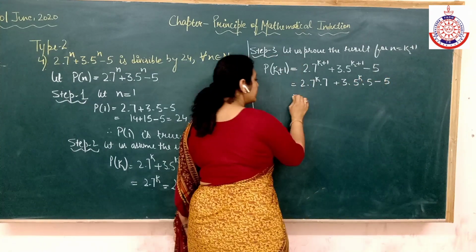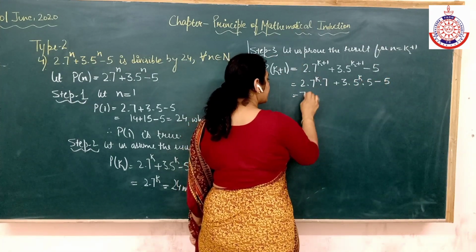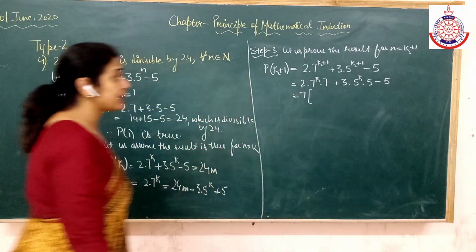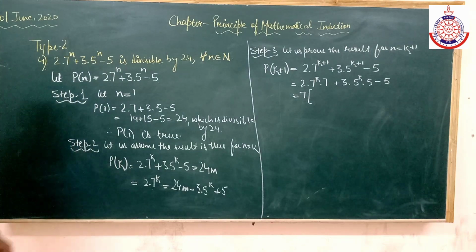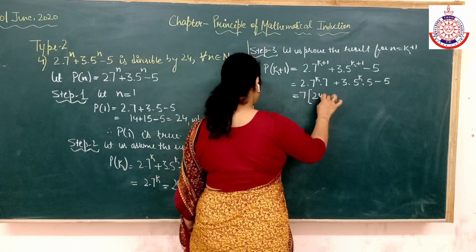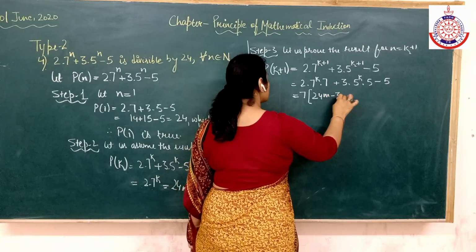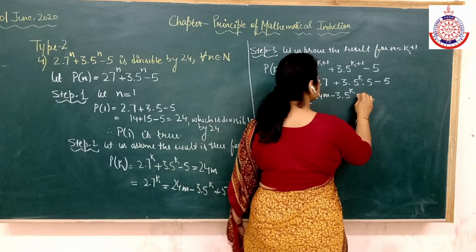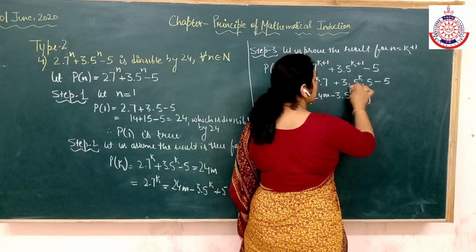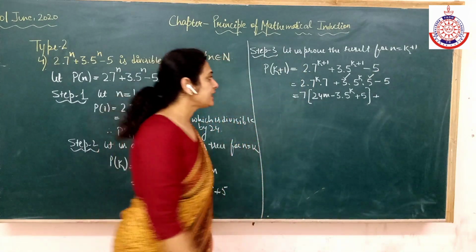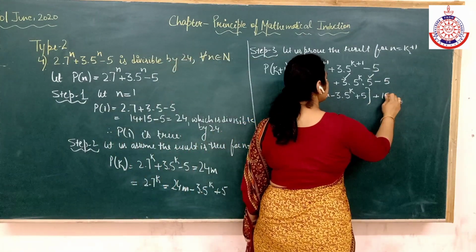Let's solve it a little. 7 I'll keep it here and I have to put the value of 2 into 7 raised to power k. What is the value of 2 into 7 raised to power k? That is 24m minus 3 into 5 raised to power k plus 5, and here I can multiply these two. 15.